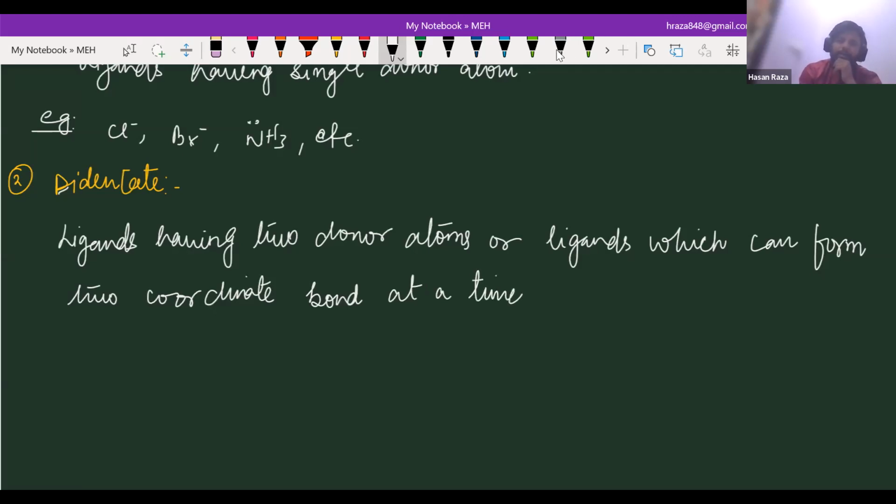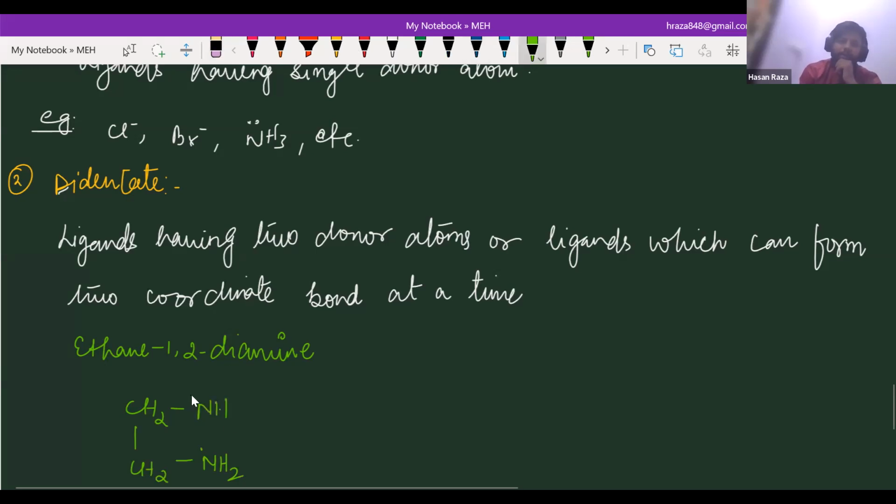For example, we can consider ethane-1,2-diamine. Its structure is CH2, CH2, and then NH2 on each end. Nitrogen, when it makes three bonds, will have a lone pair, so it can donate from here as well as here.